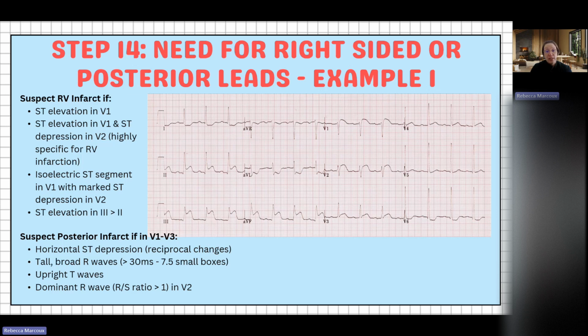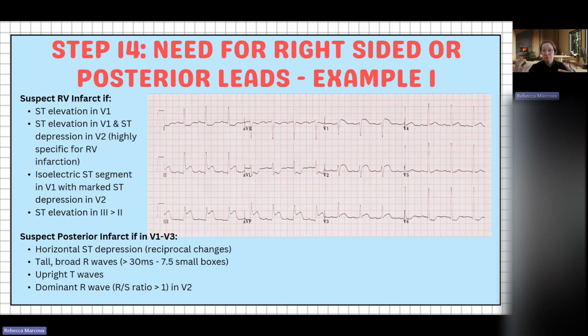However, there's also ST elevation in V1, V2, V3. So this patient has ST elevation in lead 2, lead 3, AVF, and V1, V2, V3. So this is an inferoseptal infarct at minimum.